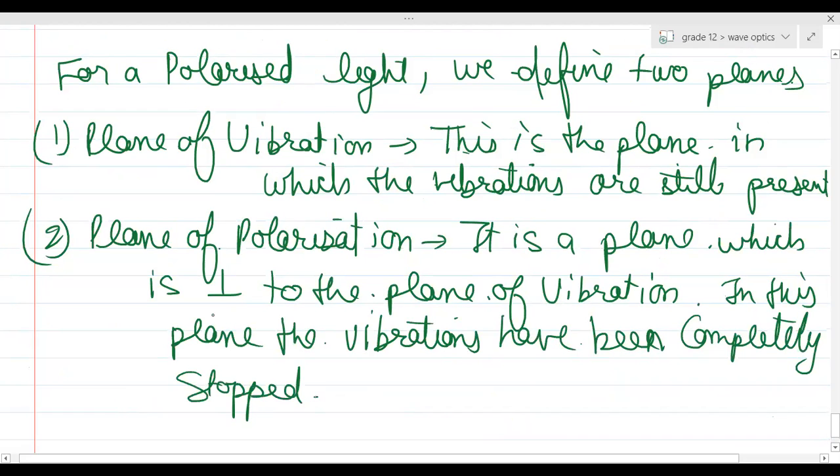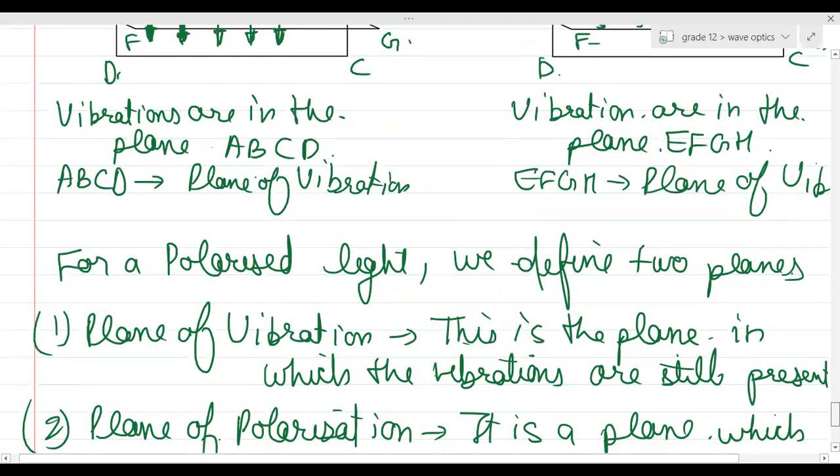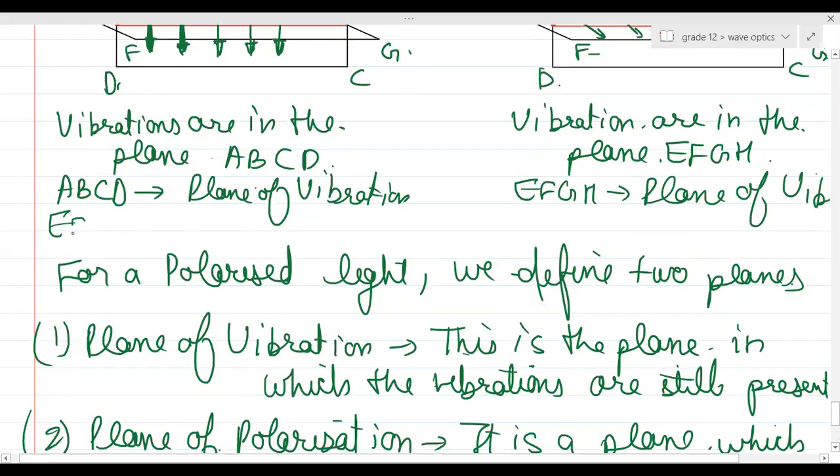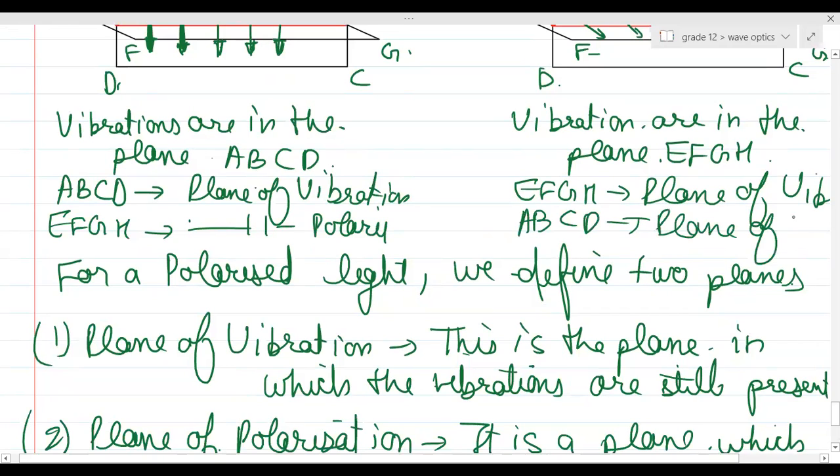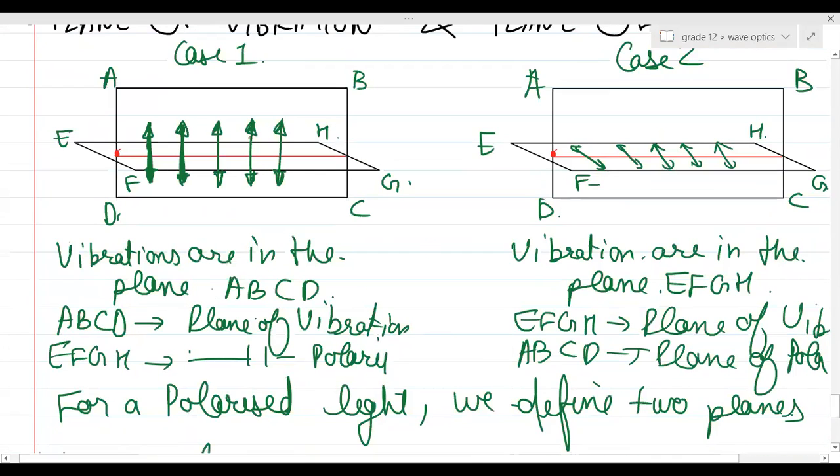Is it clear guys? So what is the plane of polarization in this case? EFGH is the plane of polarization, and in the other case ABCD is the plane of polarization. Are both planes clear? Can you see? In both the cases the vibrations are perpendicular to the plane of polarization.